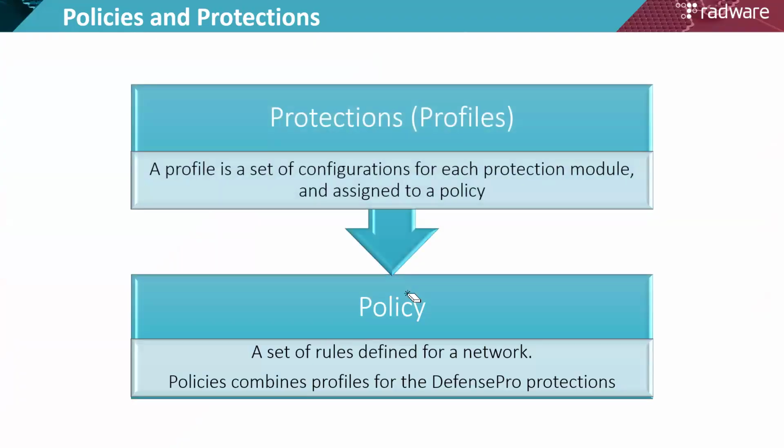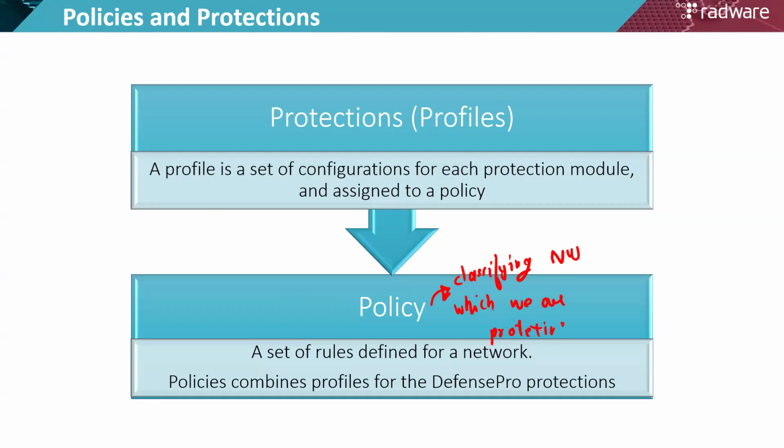So let's start with policies and protections. We have two things that we need to be aware of: protections, also known as profiles, and second is policy. Let's start with policy first. So what is policy? Under the policy, we will be classifying the network which we are protecting.